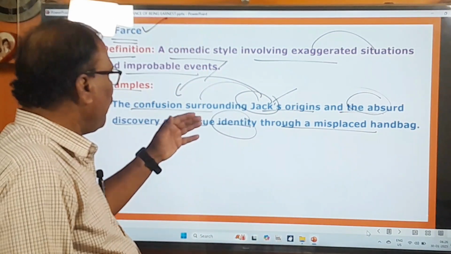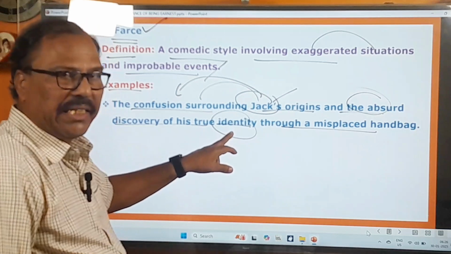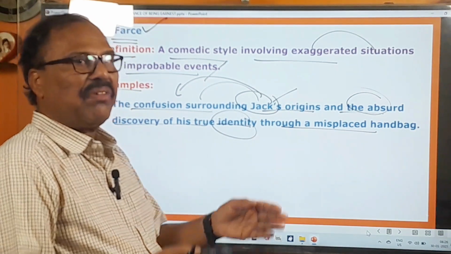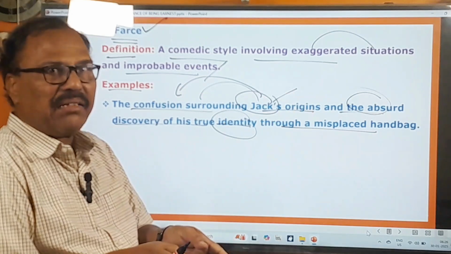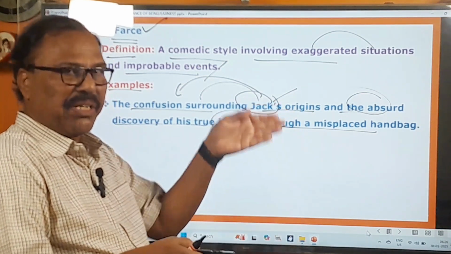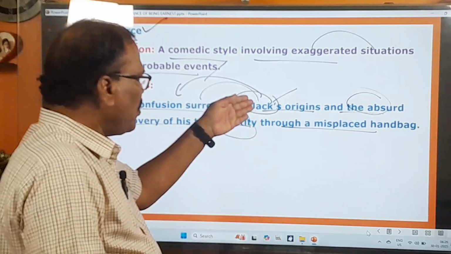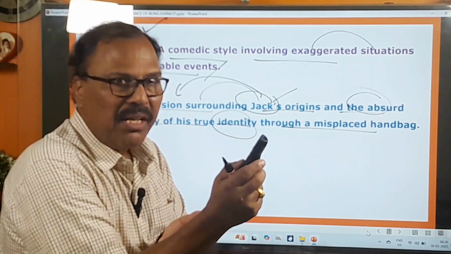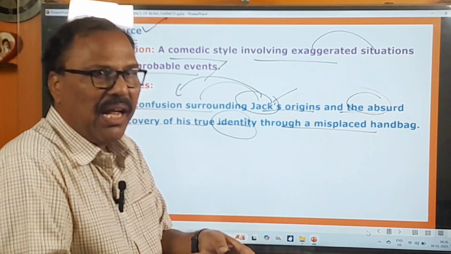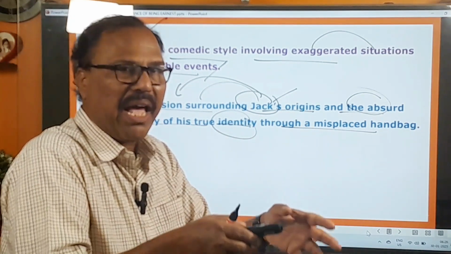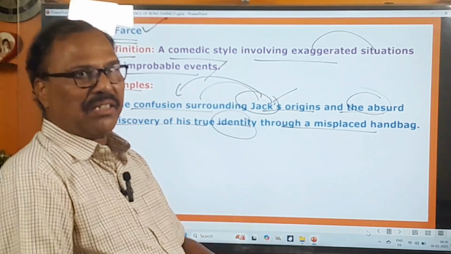The discovery of Jock's true identity is very absurd, because he was said to have been placed in a bag by that Miss Prism, when she was working in the house of Jock's family. At that time, Jock was a little kid, and she put him in a bag, put that bag at the railway station, and forgot it.